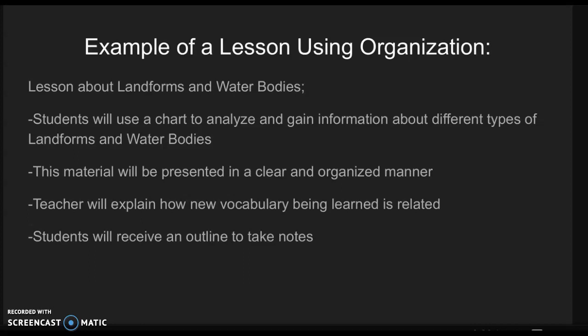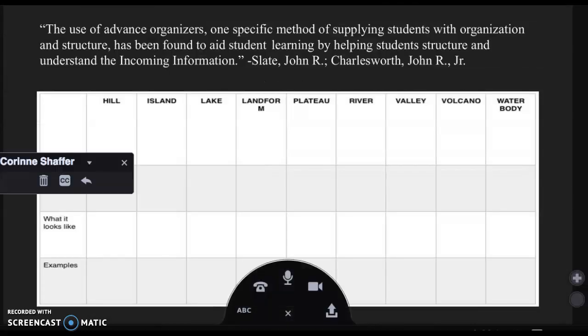The material also is more clear and more organized when they use the chart. And the teacher will be explaining the new vocabulary and how it's related to each other and things that students already know. And in addition, the outline will help students learn how to take notes in an effective manner.